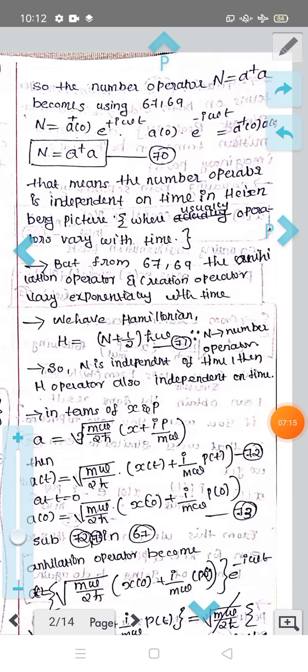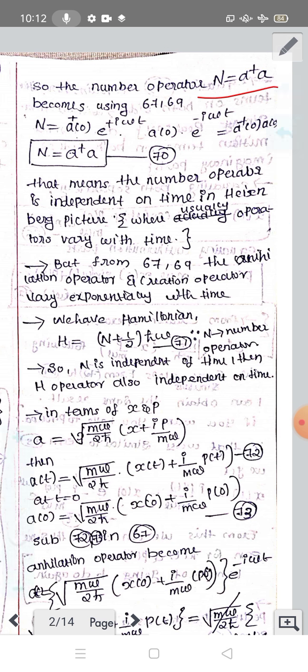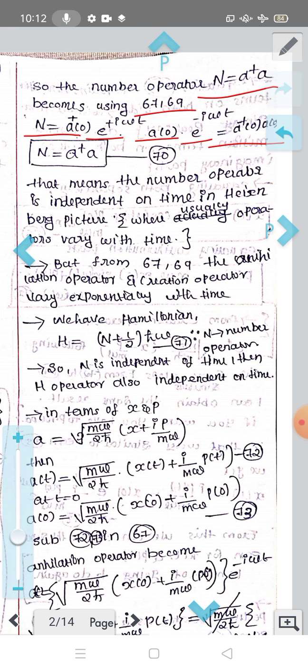Now we have the number operator. We want to find out what happens to the number operator with time. So n is equal to A dagger A. Using equations 67 and 69, we can write n is equal to A dagger of 0 e raised to I omega t, A of 0 e raised to minus I omega t. This will become 1, isn't it?